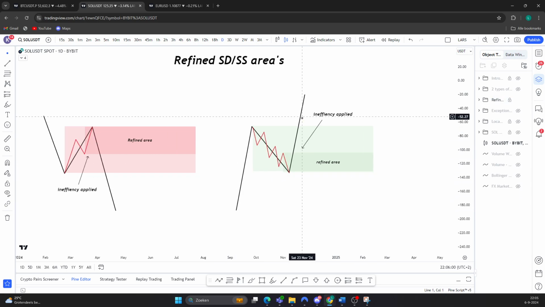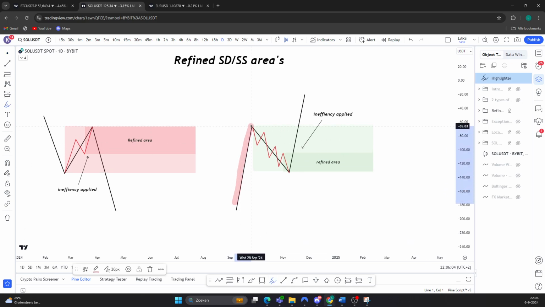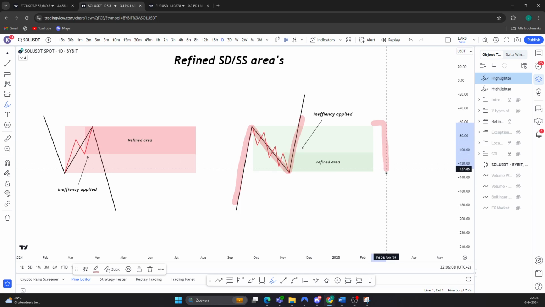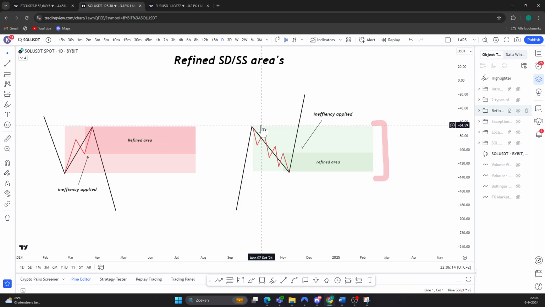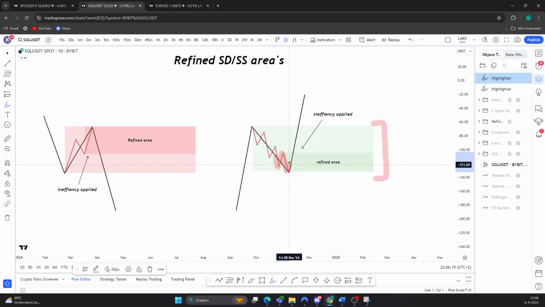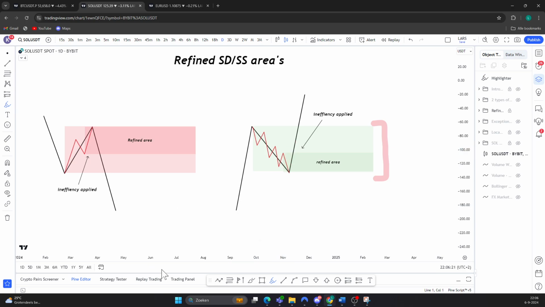We can have an uptrend where this entire structure break with the high and the low right here, this entire thing is demand as long as it left the inefficiency above. But we can have downward structure to get from point A to point B that could break back to bullish right here, leaving an inefficiency, and that could be our refined area, and we can just put them both on the chart.